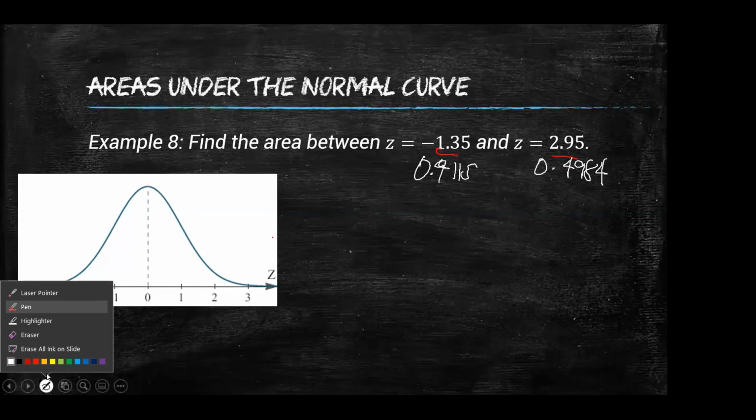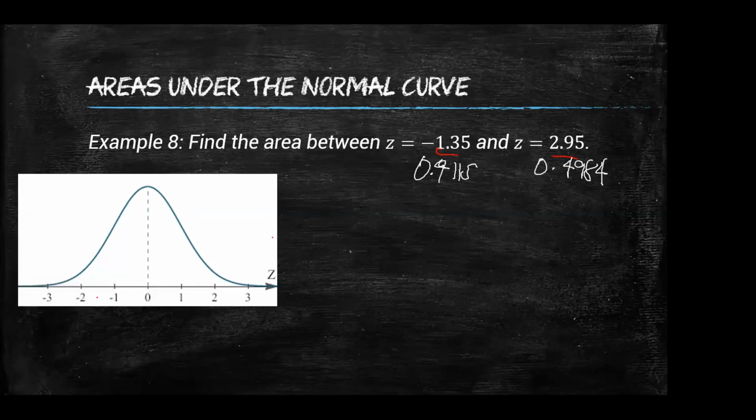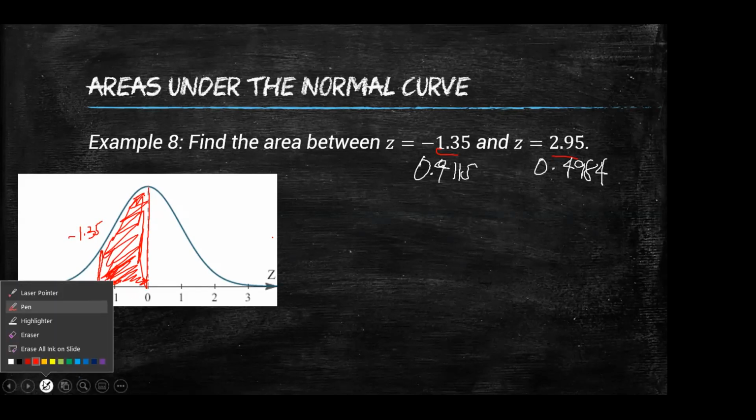Okay? Or hanapin natin yung values. Okay? So, saan si negative 1.35? More probably here. Ayan. Tansyahin nyo na lang. Negative 1.35. So, itong red na part, class, yan, from 0 to negative 1.35, yan po yung area niya is yung 0.4115.